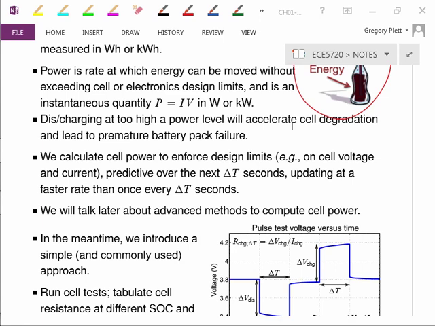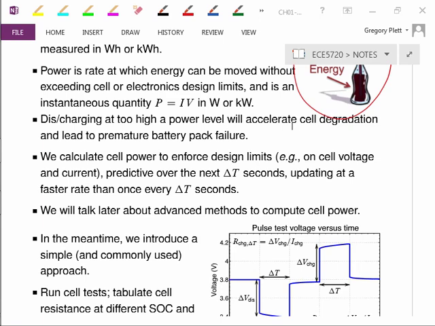And an important feature of the power estimates that we have to provide to the vehicle or to the load is that they are predictive. We don't say this is how much power you could have this microsecond, and by the way, next microsecond might be different. We say this is how much power you can use constantly over the next delta t seconds into the future, where delta t might be something like 10 seconds.